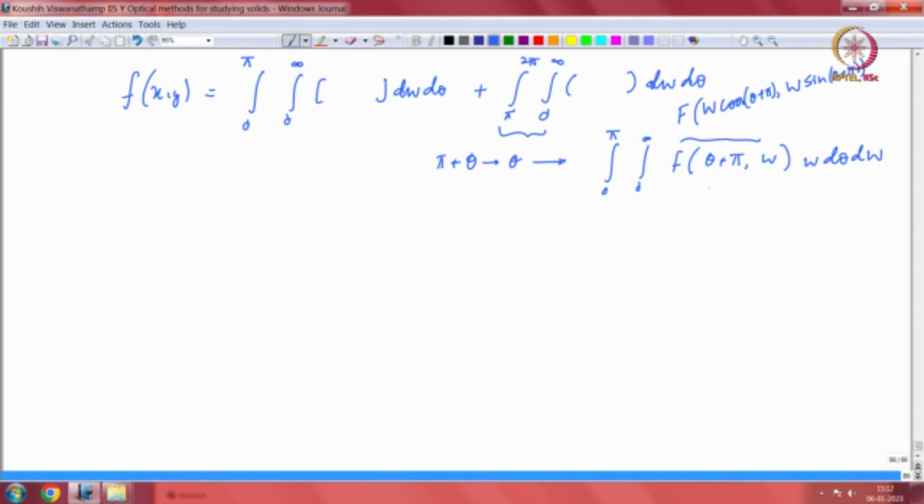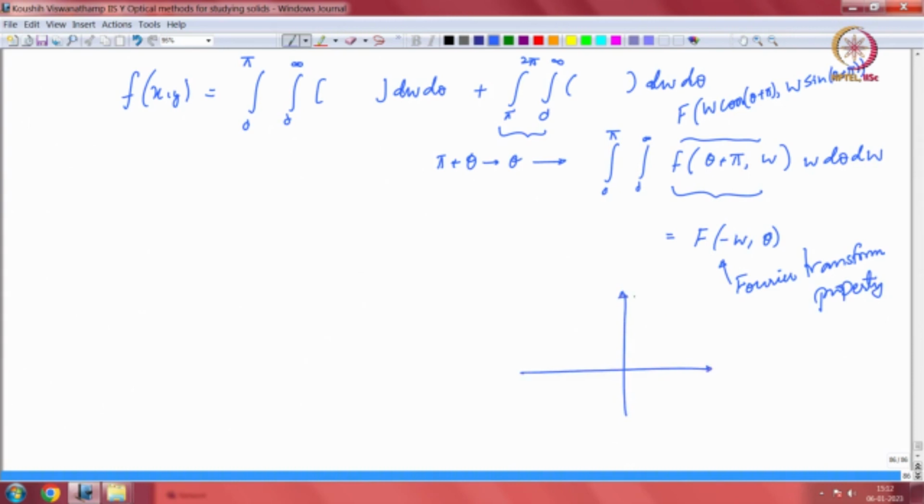Okay. Now, there is a property of the 2D Fourier transform that this is equal to F of minus w comma theta. Okay, this is a property of the Fourier transform. Which basically says if you go in the frequency domain and you use w as a directional variable, w in this direction is positive, w in this direction is negative.